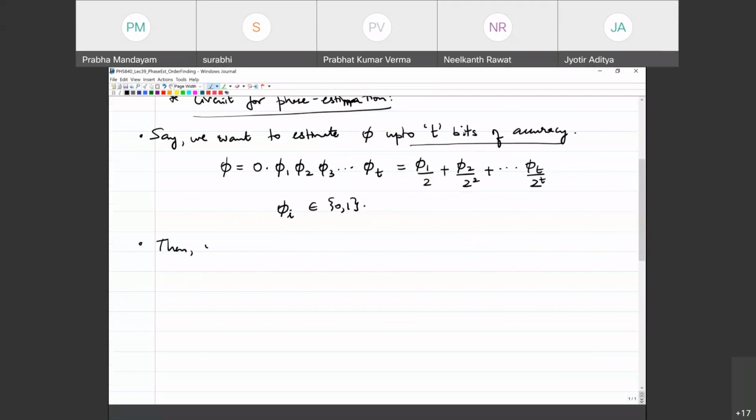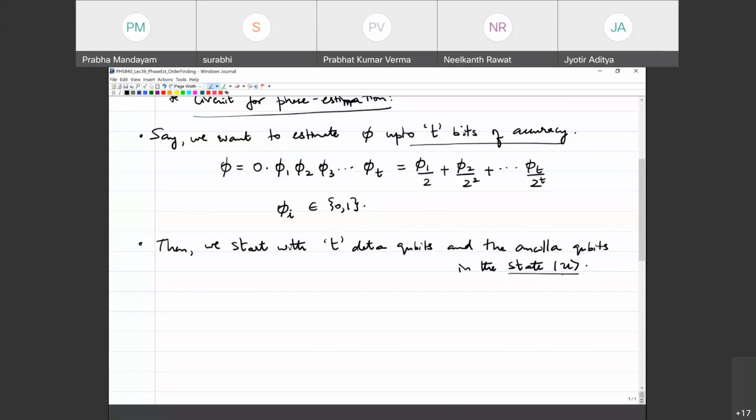So we start with t data qubits, and the ancilla qubits in the eigenstate, whichever eigenstate associated with this eigenvalue that you want to estimate. And however many qubits it takes to represent ket U, because U could be whatever dimension, you use that many ancilla qubits.